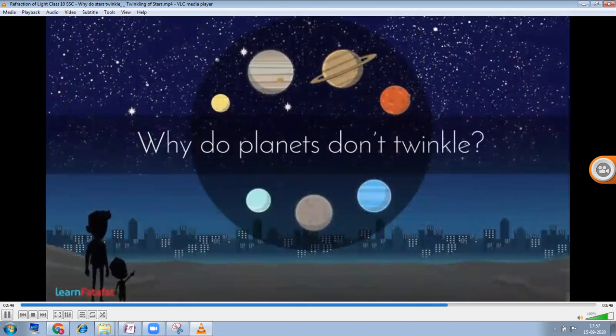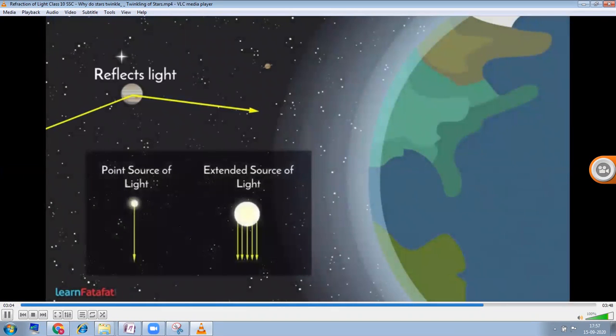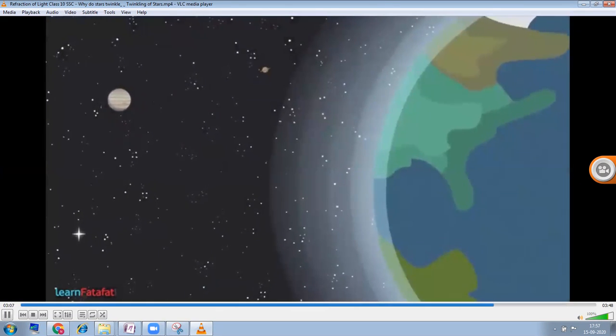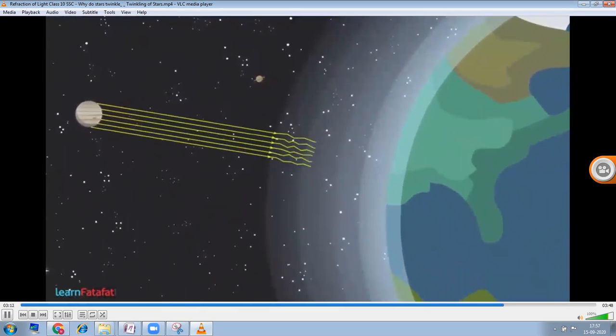Why do planets not twinkle? The reason is simple. Planets are much closer to Earth. They reflect light falling on them towards us. Since planets are much closer to Earth, they cannot be considered point sources. A large number of rays coming from such objects undergo refraction in a random manner.